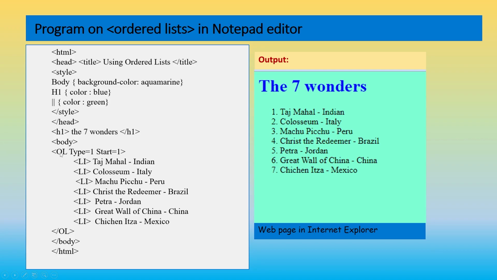So OL, and the type is 1, that means I want 1, 2, 3 in front of my list items, and the starting value should be 1, so that means I want my list item to begin with 1. So here it is, and after writing 7 items there is a closing tag, then the body tag will close, then the complete HTML program will complete. Now after this we will run it and we will get this output.